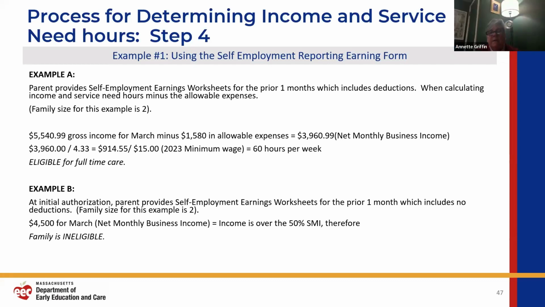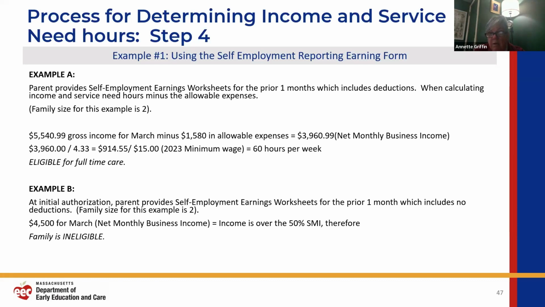Yes, on example B, if a parent brings in 1 month's worksheet, and they're over the 50% SMI, can we have them give us their taxes and do it off their taxes? Because seasonal workers may be enrolling when they're at their peak in terms of income.